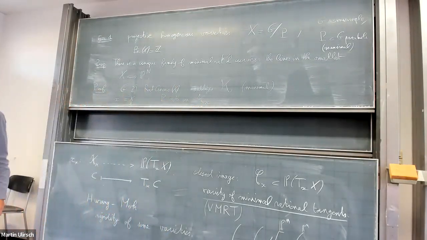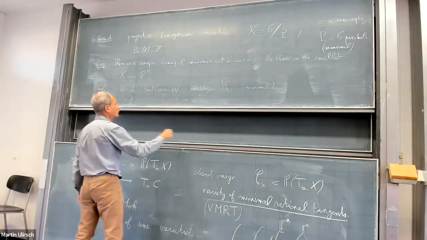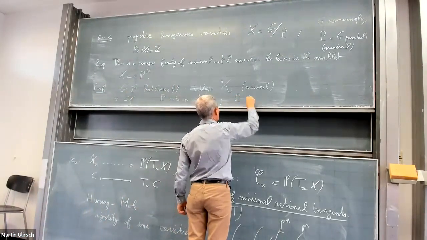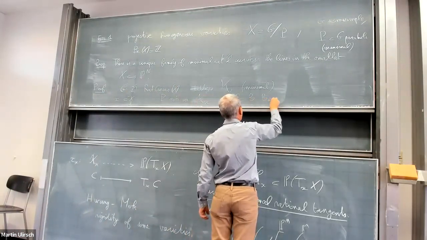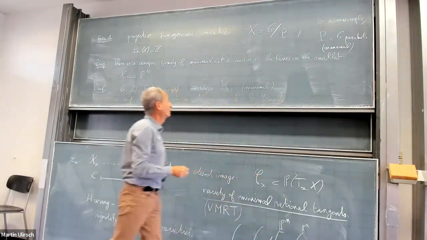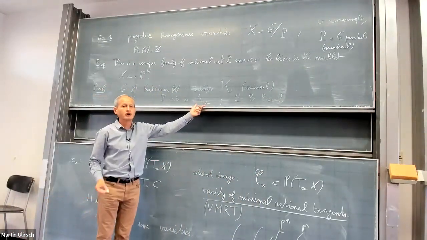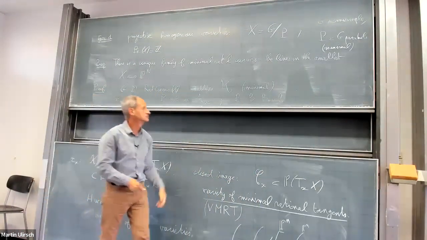Now we just use Borel's fixed point theorem. In P, we have a Borel subgroup, by definition of parabolic subgroups, and this K_x is by assumption a projective variety, so you get a fixed point.